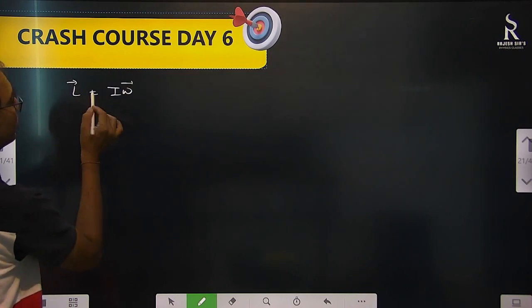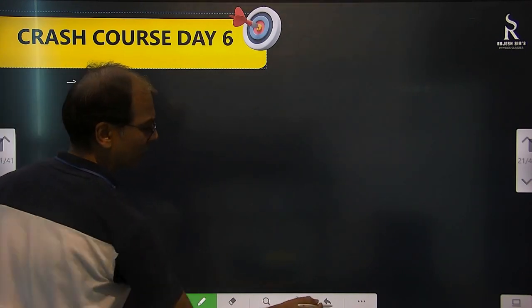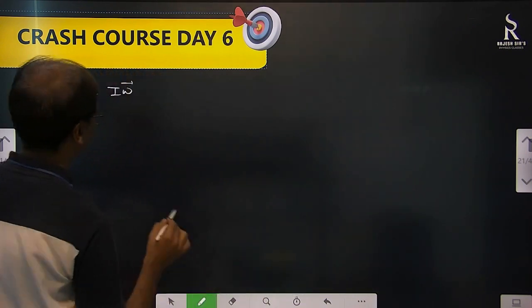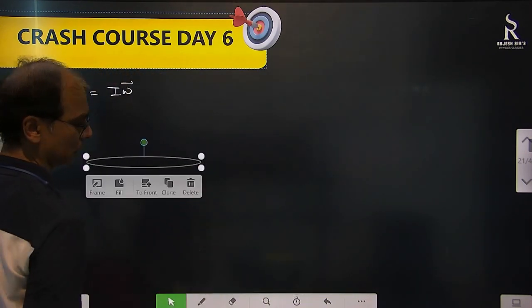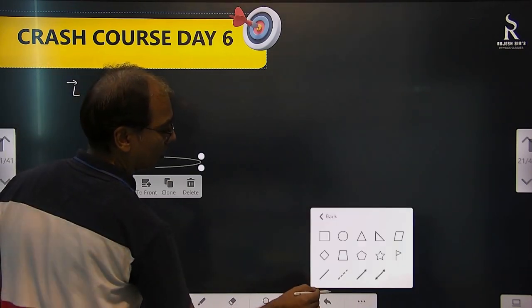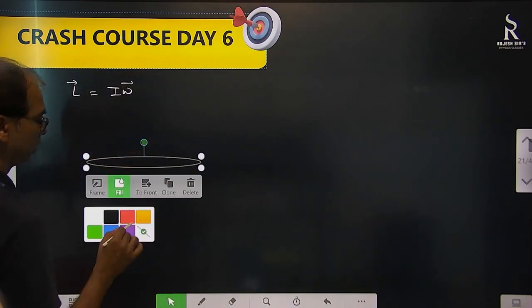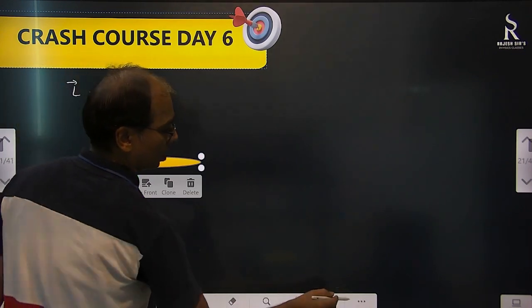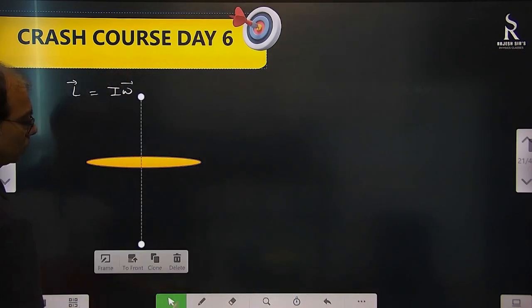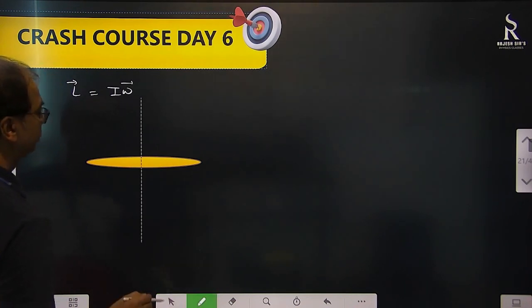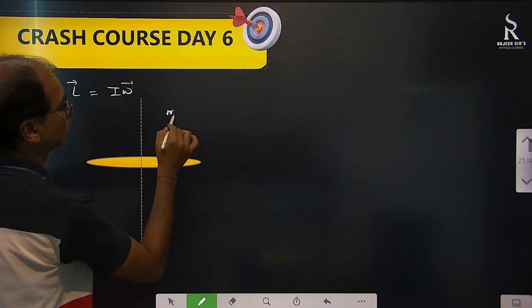Okay, so also we solve one question. Suppose I am going to take one disk here. This is a disk, and axis you take, axis passing through the middle. Mass of the disk is 2 kg.